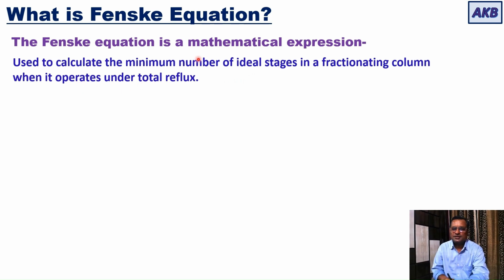The Fenske equation is a mathematical expression used to calculate the minimum number of ideal or equilibrium or theoretical stages in a fractionating column when it operates under total reflux.